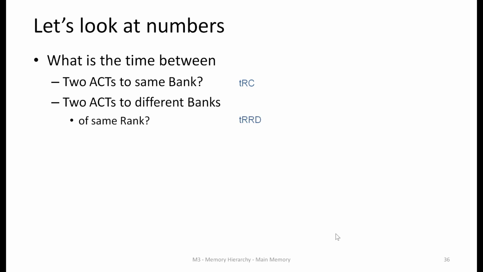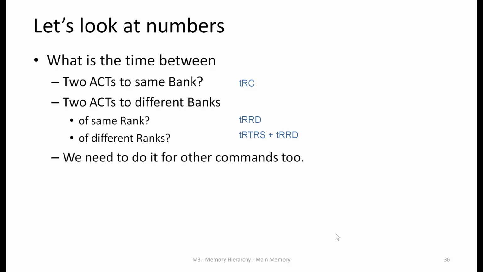Of the same rank, it is TRRD, row to row delay, but for different ranks, we have an additional timing constraint, which is TRTRS followed by TRRD. So this way, we need to look at all the possible command combinations and come up with the minimum time of issuing the commands back to back.